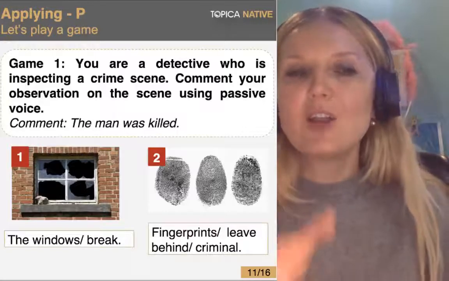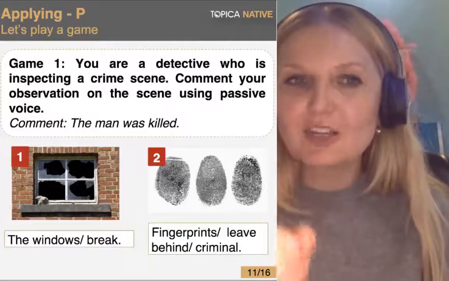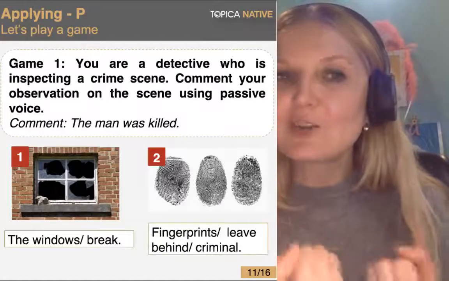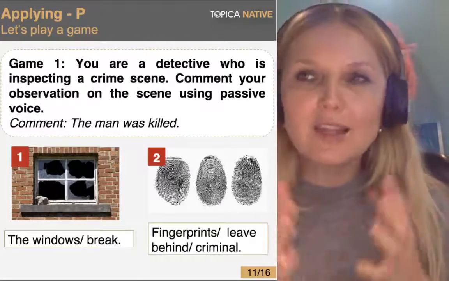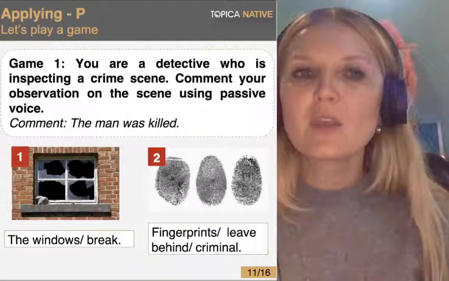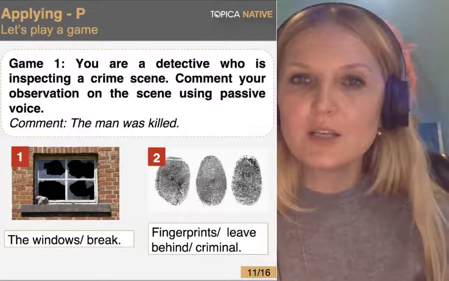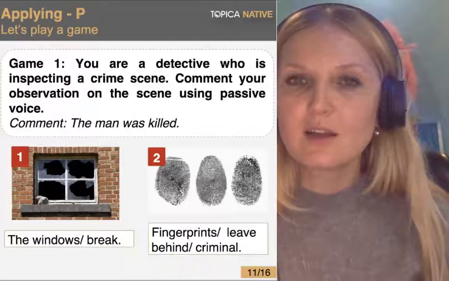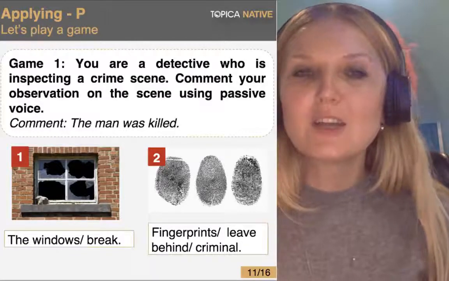Yes, we know the object, the subject becomes it receives an action, the windows. Yes, it's important. We want to stress this. And number 2, fingerprints leave behind criminal. So let's think. The windows. Don't forget about past participle, the third form.